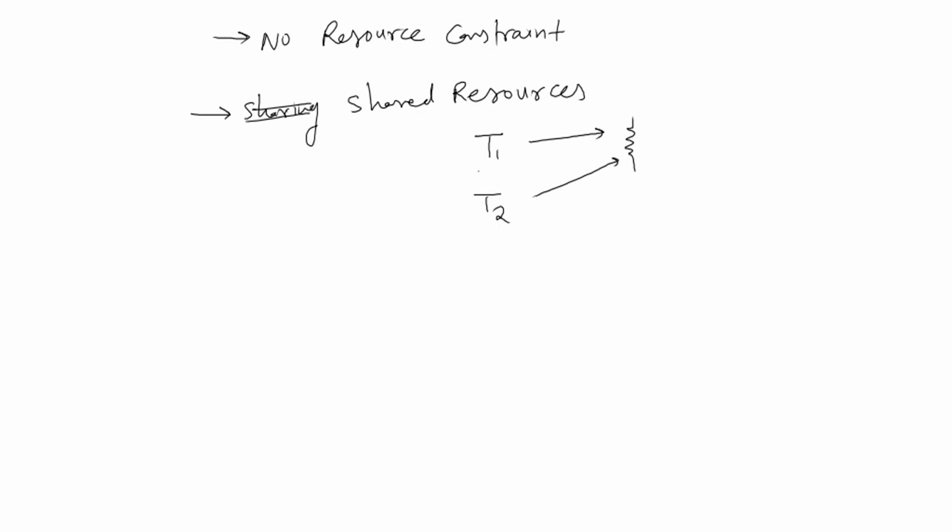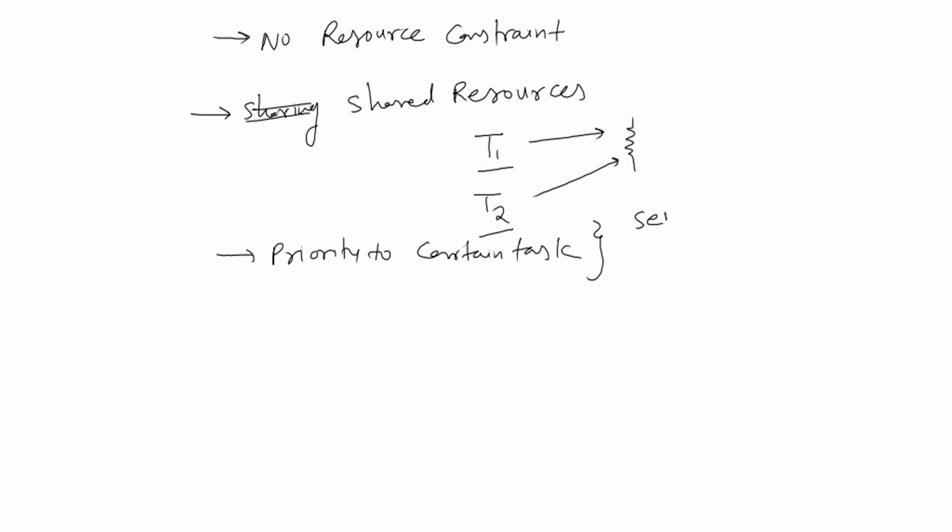Both want to access at the same time, but we cannot allow both tasks to share at the same time. So what will happen? We have to give priority to certain tasks, right? The priority can be given to anyone.